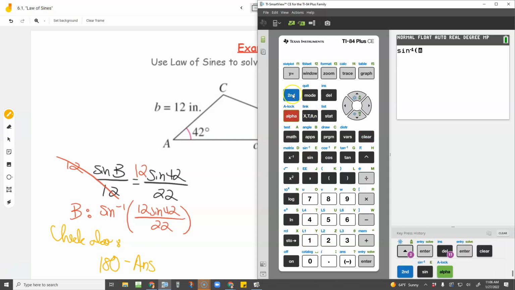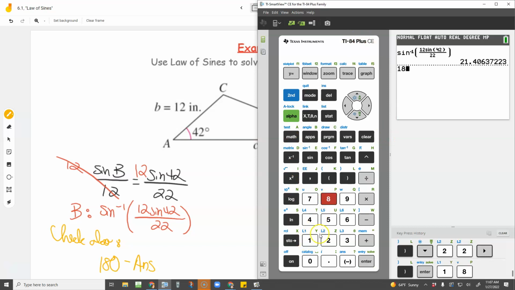Second sine, alpha, y equals, 12 sine of 42, all over 22. You get a number. Oh, okay, so it's not 0, right? And what happens when you do 180 minus that number?